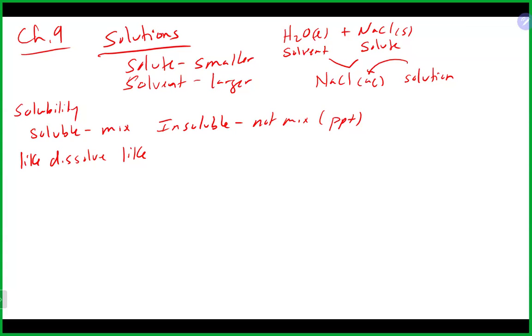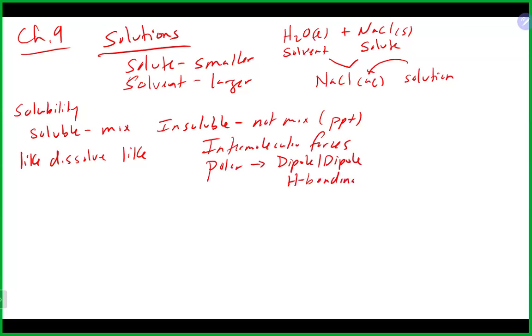If you put together two things that use very different intermolecular forces, they're going to have some trouble interacting with each other, and it's really those intermolecular forces that are important. And that's because things that are polar can do one of two types of intermolecular forces. They could do dipole-dipole interaction, or they could do hydrogen bonding, which is basically the same thing.